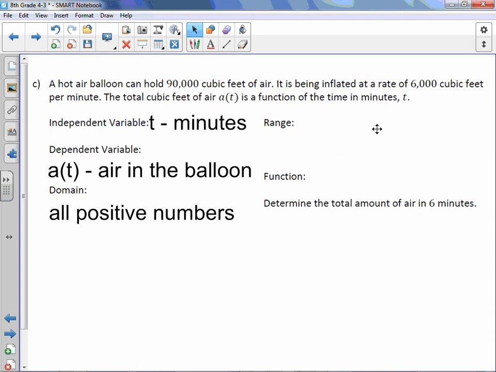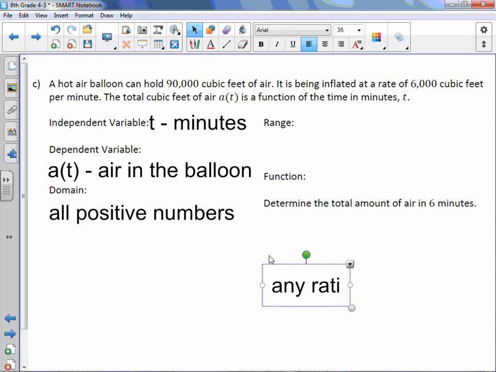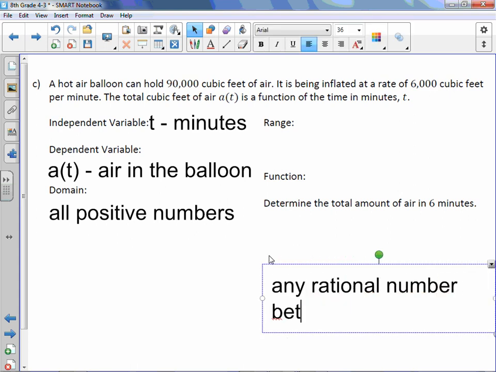Our range, well, remember, your range is dependent, so it depends on your domain. So if our domain is all positive numbers, our range doesn't have to be a multiple per se, but it can be any rational number between 0 and 90,000.